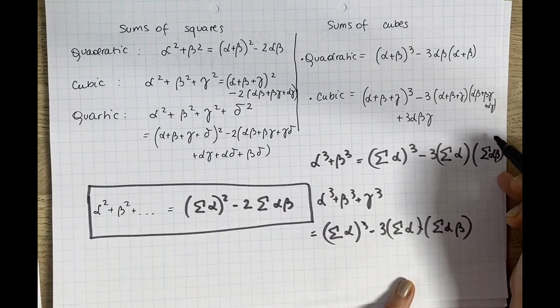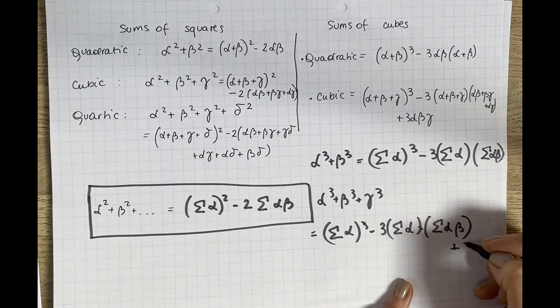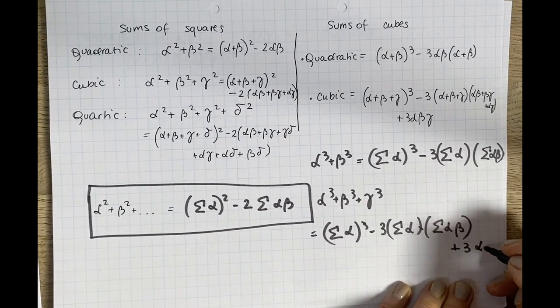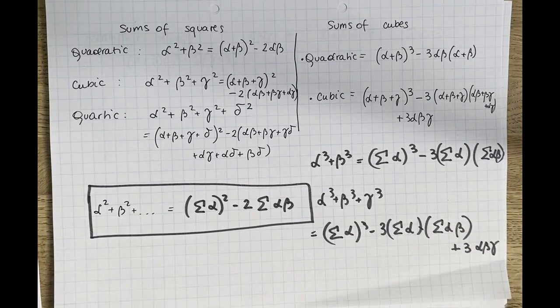There's only 3 ways of writing these products, but it also has an extra bit at the end, so plus 3 lots of the product of all 3 roots. There you go.